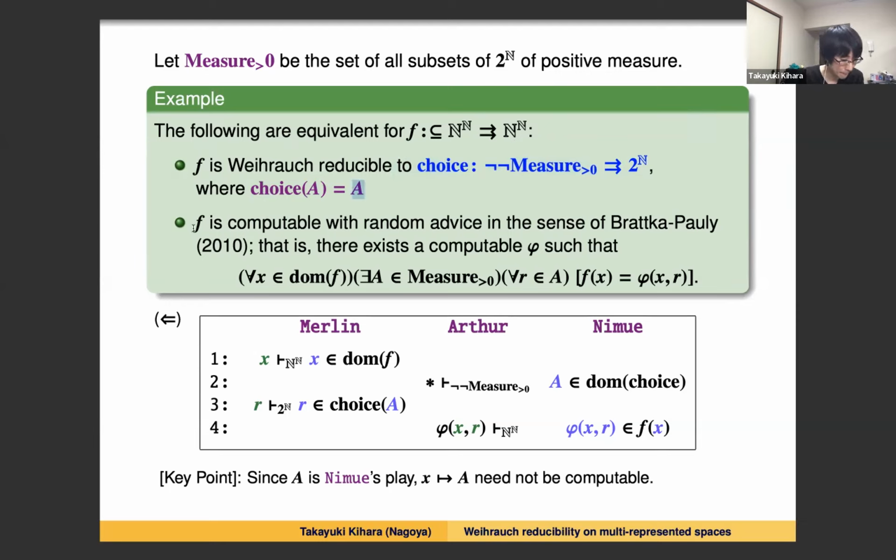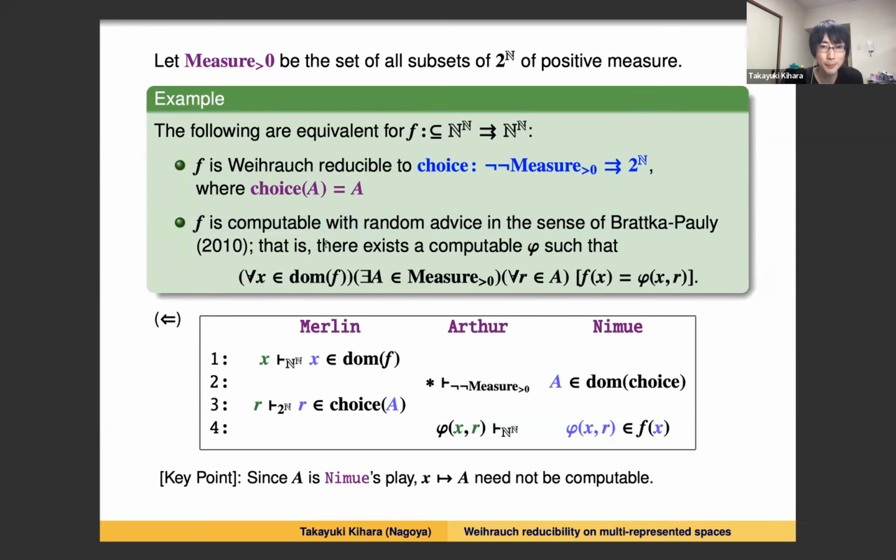Then one can show that a multi-valued function F is Weihrauch reducible to this choice function on double negation positive measure space if and only if F is computable with random advice in the sense of Vasco and Arno, introduced in 2010.